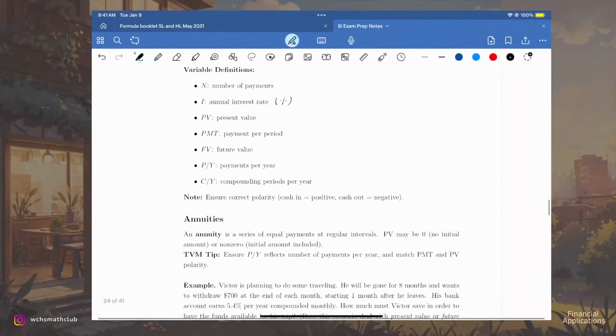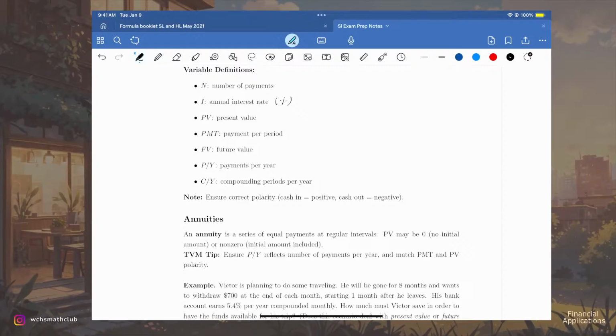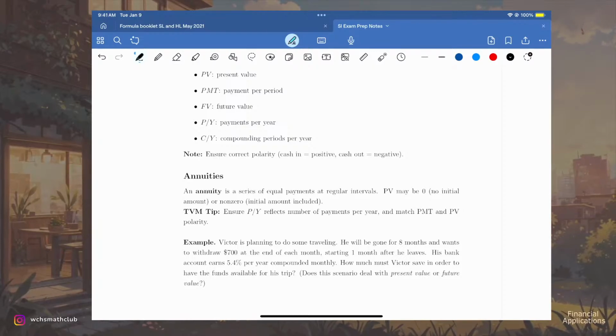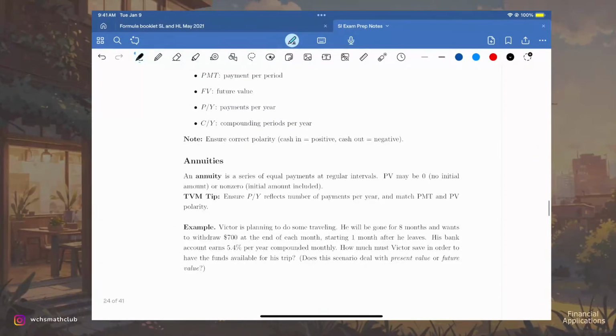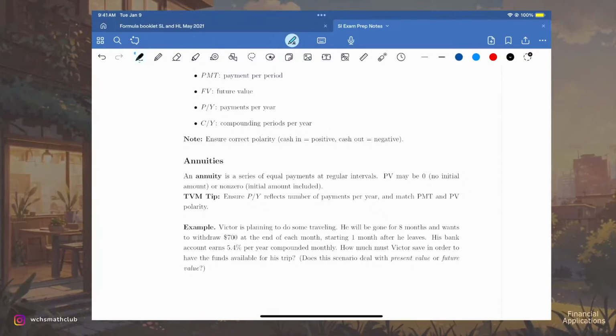And then you have your present value, future value, and the payment per period. It's very important when you do TVM values to know what your period is and your compounding periods. And then you also have the payments per year and the compounding periods per year. You also really have to ensure when you do these questions to have the correct polarity, where if you cash in, it'll be positive, but if you cash out, it's negative, because if you don't do the right polarity, you could make mistakes.